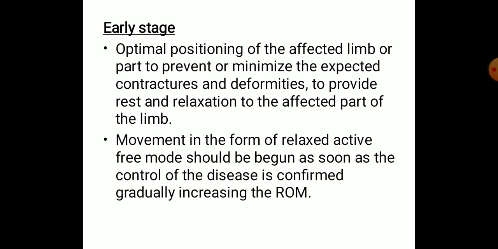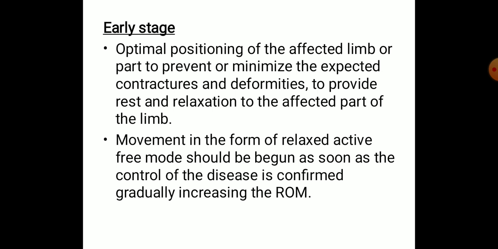In the early stage, optimal positioning of the affected limb or part is used to prevent or minimize the expected contractures and deformities, and to provide rest and relaxation to the affected part of the limb. So as we said in osteomyelitis, in TB also there should be an optimal positioning of the affected limb. Why do we need to choose an optimal positioning?